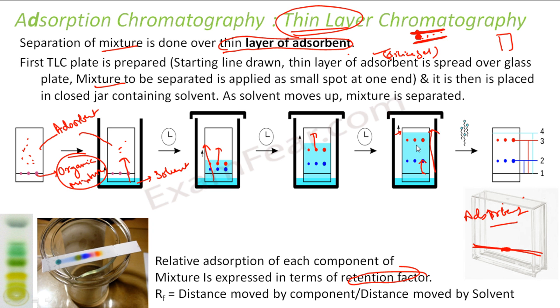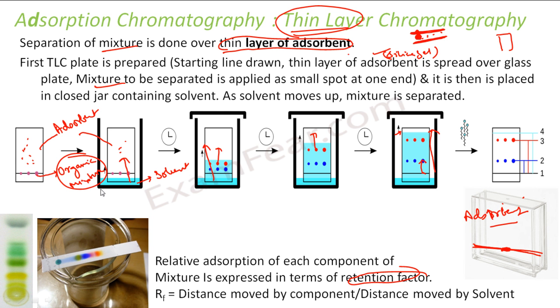So with that we have a quantitative number to tell which organic compound moves faster and which one moves slower, and at what rate. For that we use thin layer chromatography, correct? So what we have done here: we took two glass sheets, put silica gel or adsorbent here, put the organic compound to separate, drew a line here, and put solvent here in this jar.